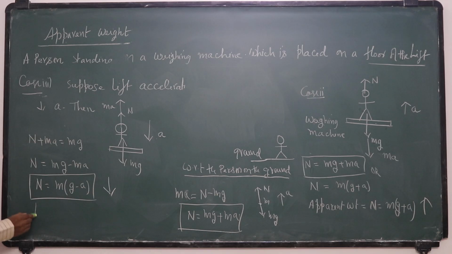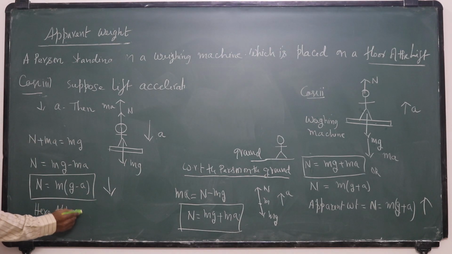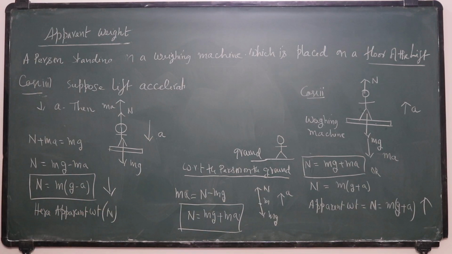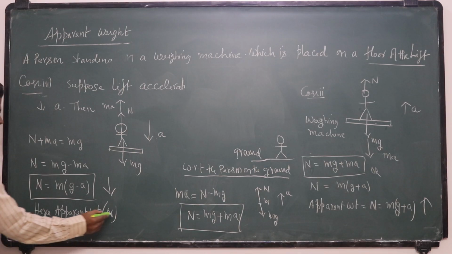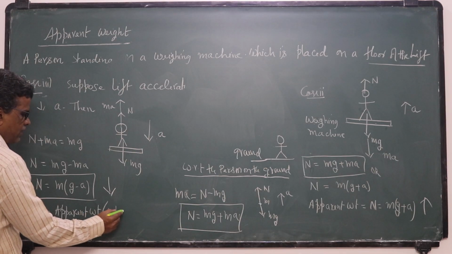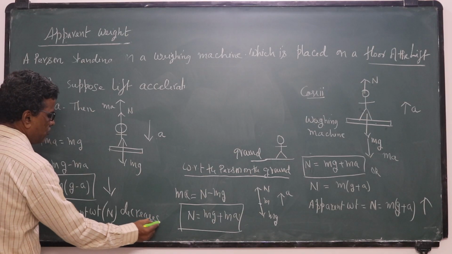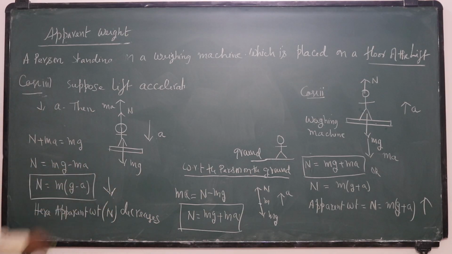Here the apparent weight decreases. Apparent weight, that is N, is the reading shown by the weighing machine. This down arrow indicates decreases.